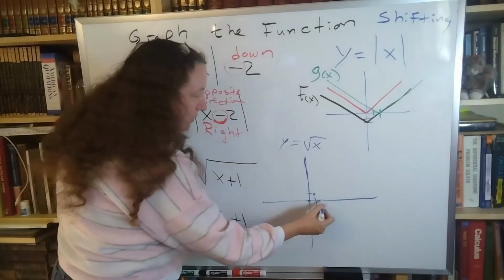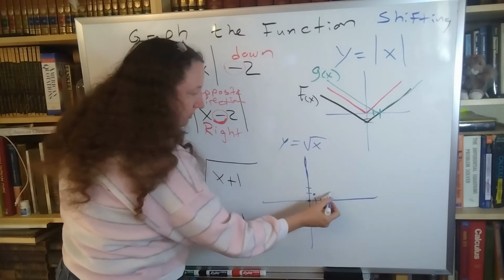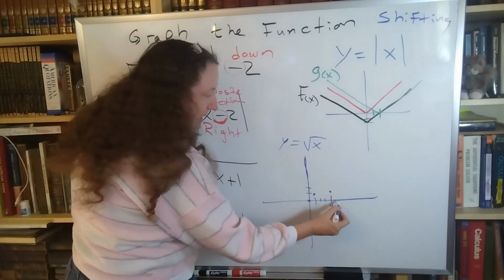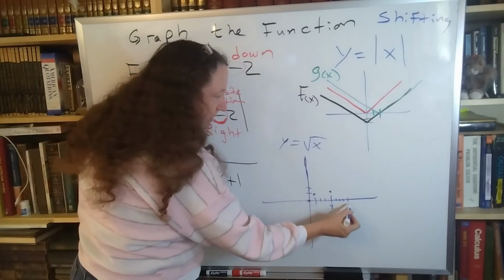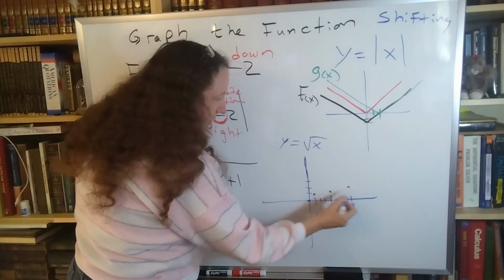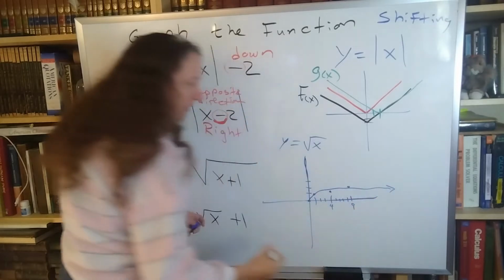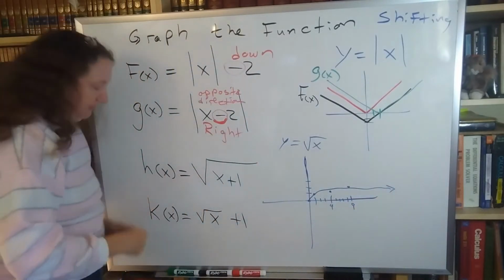So the square root of 4 is 2. Square root of 9 is 3. So it comes up and flattens out. Mind you, I'm not an artist.